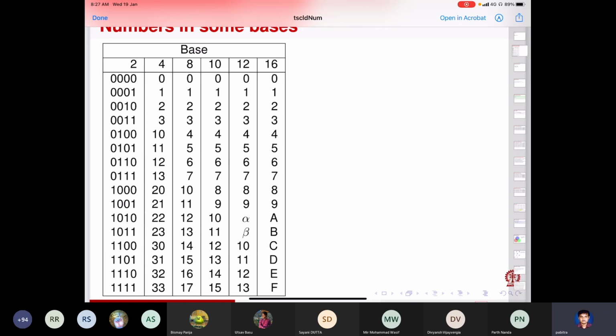For base 12, 10 and 11 are represented by alpha and beta, and then it goes to 2 digits: 10, 11, 12, 13. So the last 2 digits go from 10 to 11. Whereas for hexadecimal, which is more commonly used, we have to have numbers from 0 to 15, so from 10 to 15, the last 6 digits are represented by A, B, C, D, E, F.